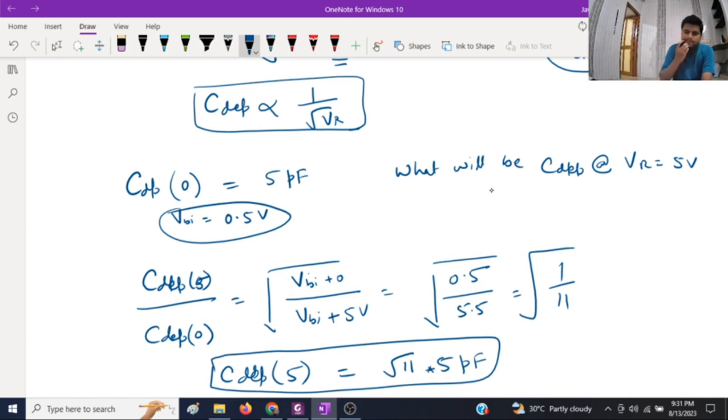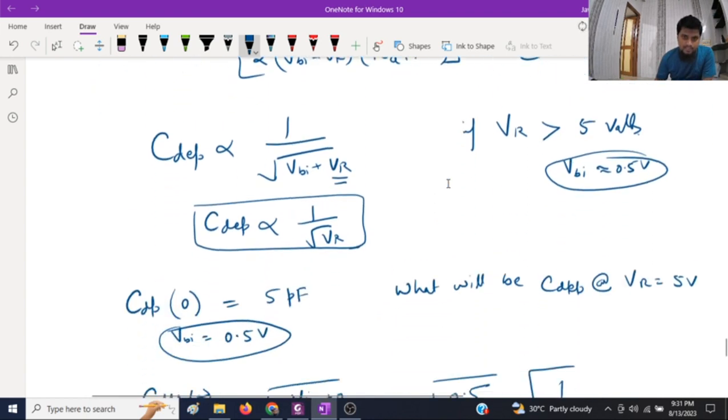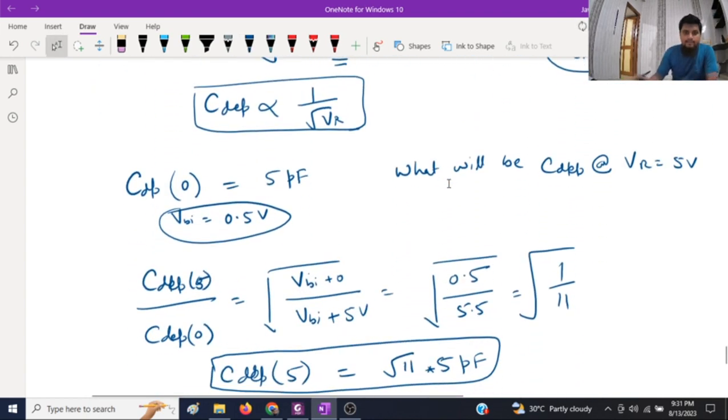Sometimes it is also important that if you know the depletion capacitance at 0 volt and at some given volt, which we generally measure in our labs, you can find Vbi experimentally.